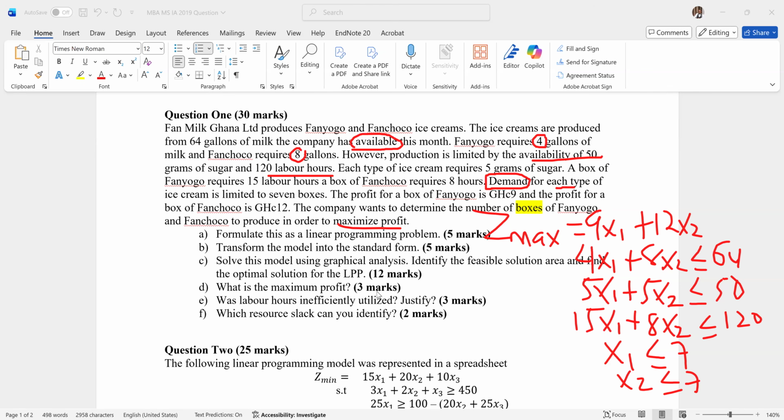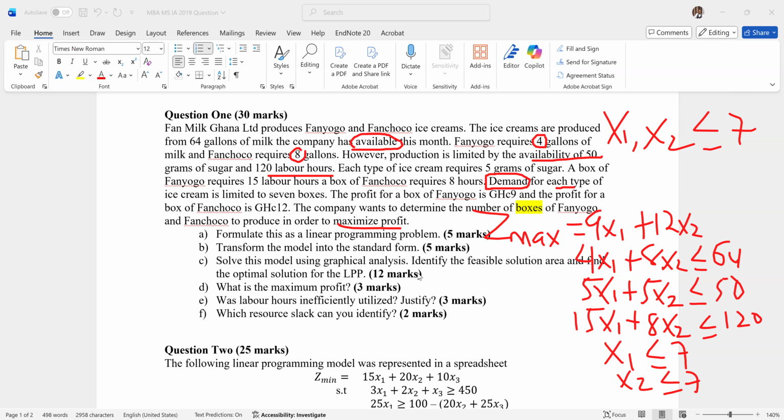If you set it up like this, x1, x2 less than or equal to 7, is that what you mean? Yes, sir. That's fine. That's the same as this. All right. So that is a style of formulating.